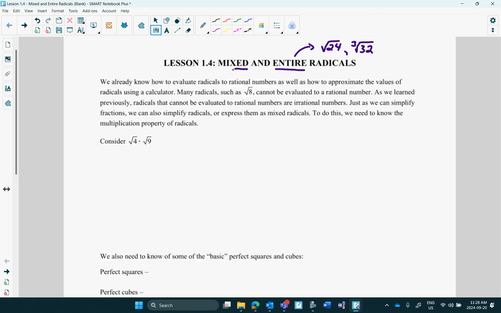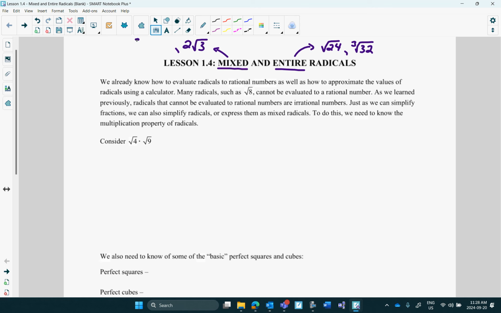A mixed radical has a number before it being multiplied. So examples of this would look like this. This is 2 times the square root of 3, or often we will just say 2 root 3 to save a little bit of time.